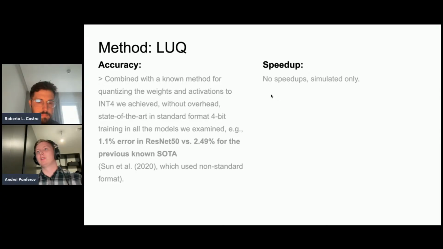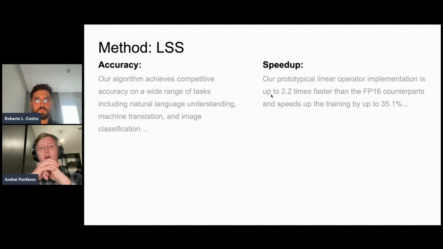And at the same time, they show that they can get some speedup. For example, logarithmic and bias quantization only showed a few percent drop in accuracy on various tasks, while saying that they can get some speedups from lower precision.